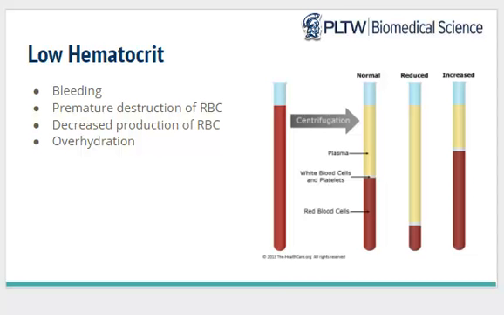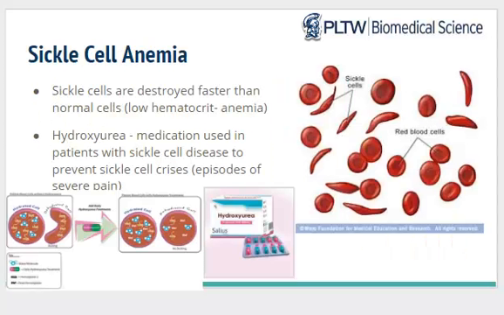So if you're not consuming enough iron or your body's not absorbing enough iron, that could cause a decreased production of red blood cells, which in turn would result in a low hematocrit. In addition to overhydration as our last point. As I mentioned before, sickle cells are destroyed faster than normal cells, which would result in a low hematocrit.